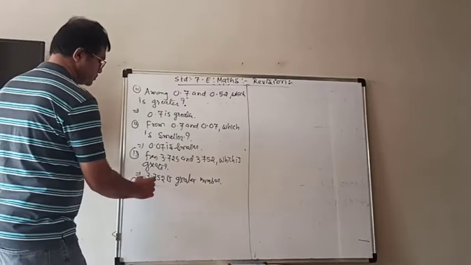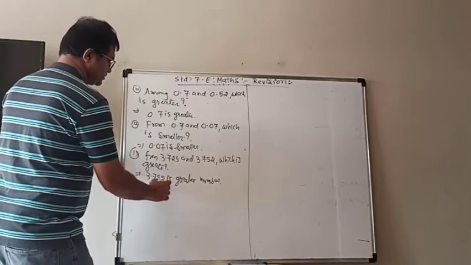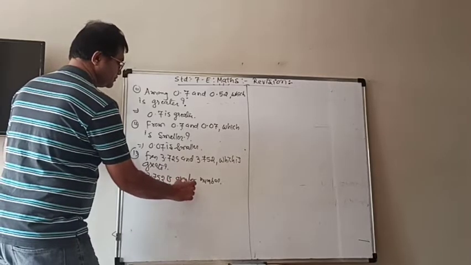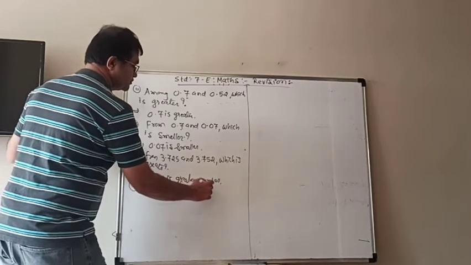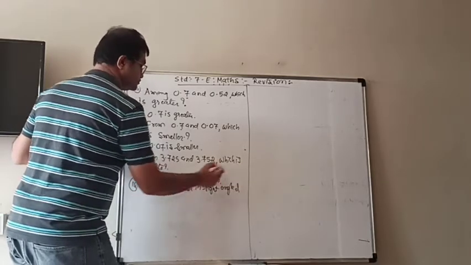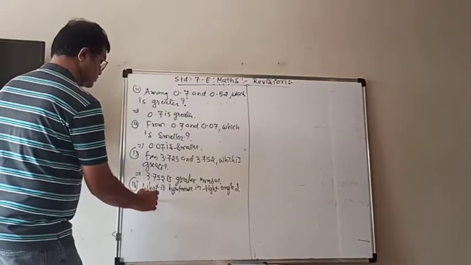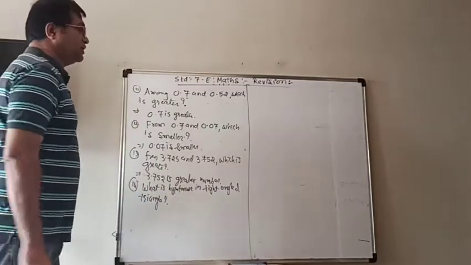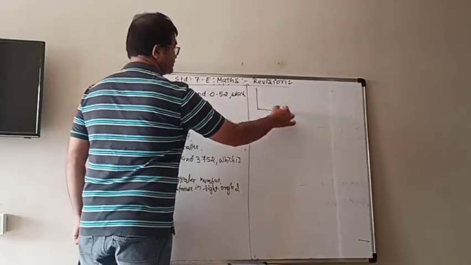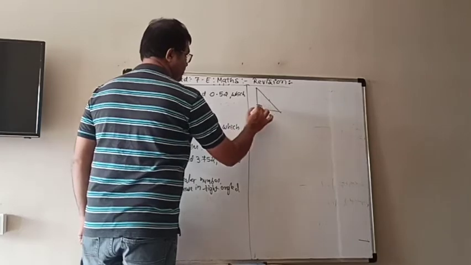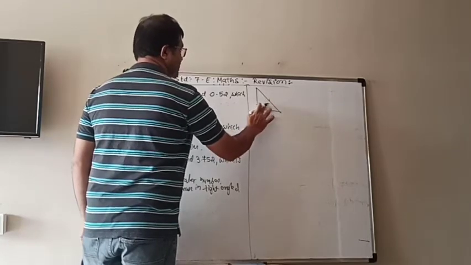14. What is the hypotenuse in a right angled triangle? We know that in a right angled triangle, the side which is opposite to the right angle is known as the hypotenuse.